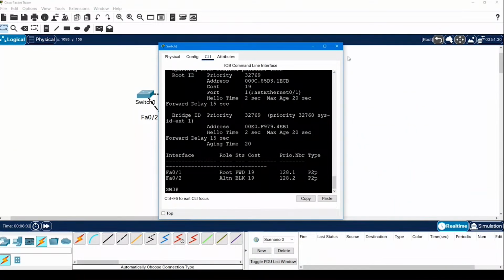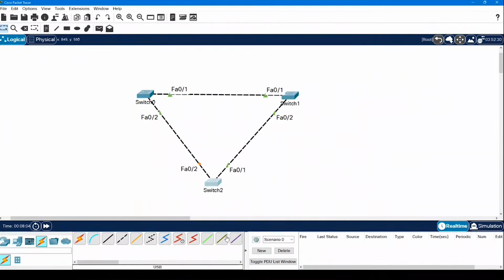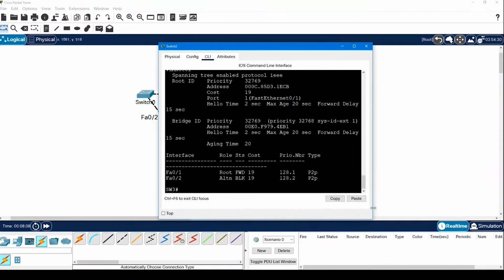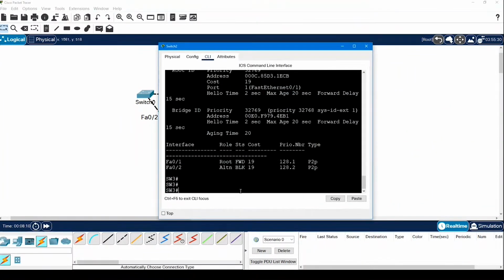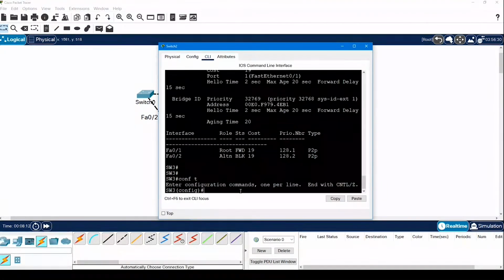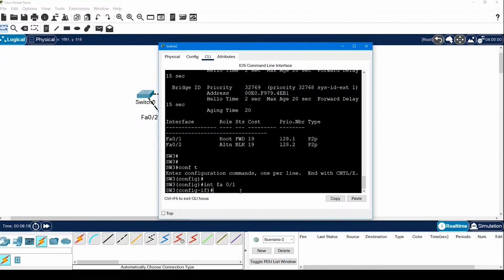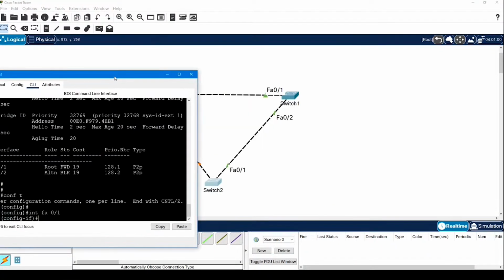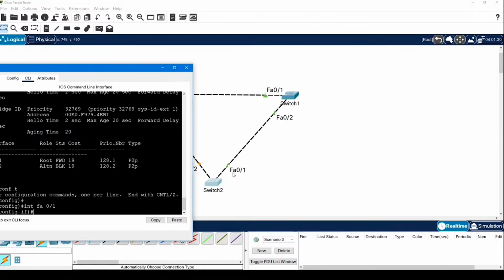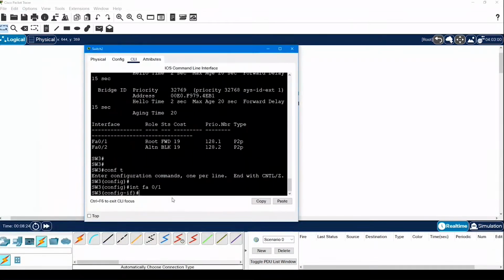And if we go to this switch and go to interface FA0/1. So FA0/1 was being used to reach the root bridge, right?